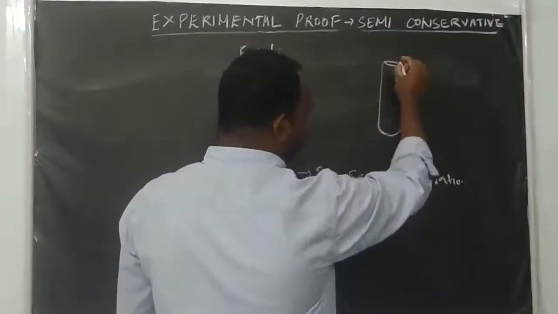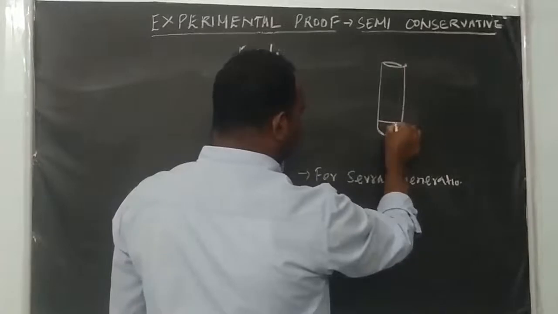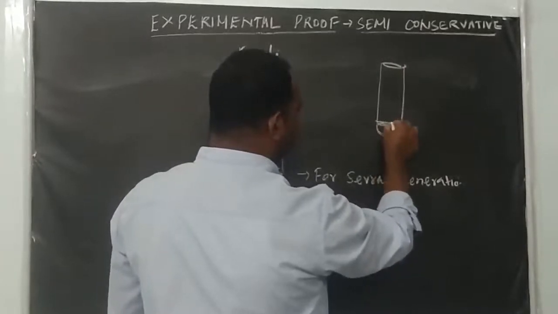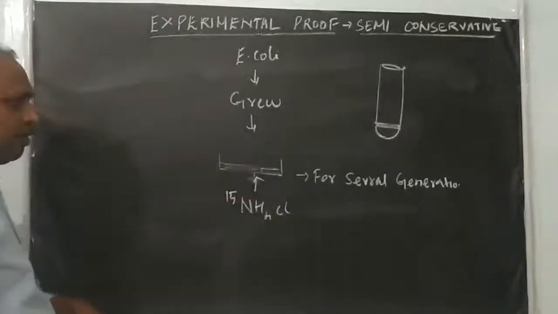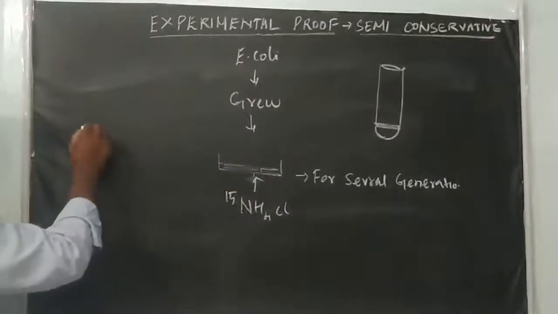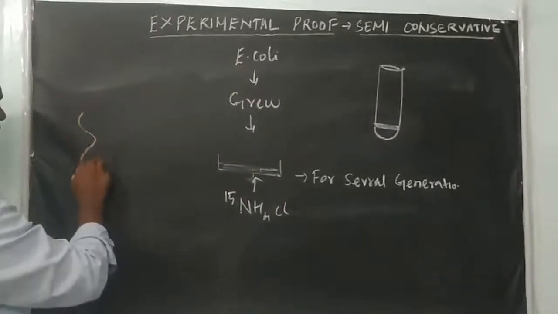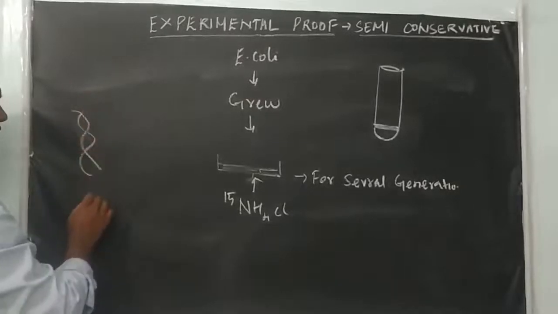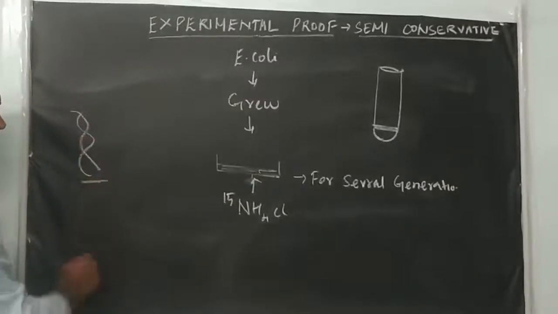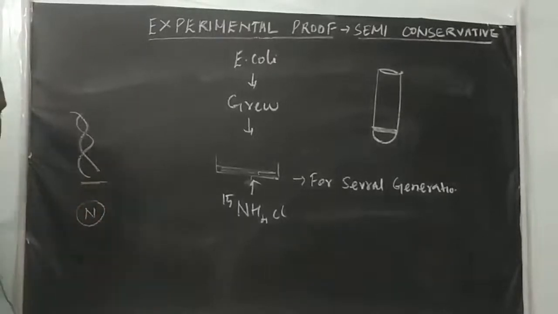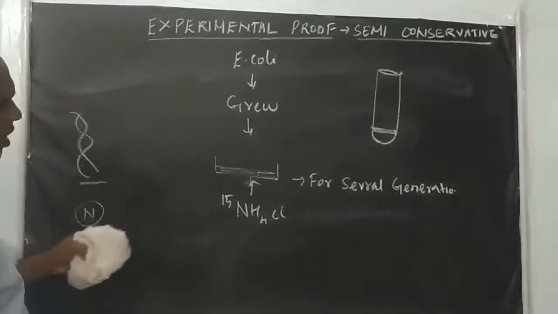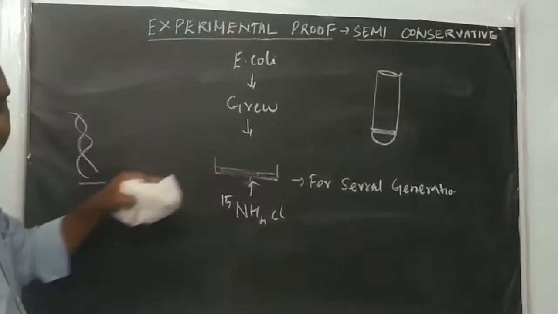In the cesium chloride density gradient, they got only one band of DNA at the bottom of the tube. When we grow E. coli for several generations, they multiply, but during synthesis of DNA, because nitrogen is one of the essential atoms present in the DNA molecule, they use N15 from the medium.